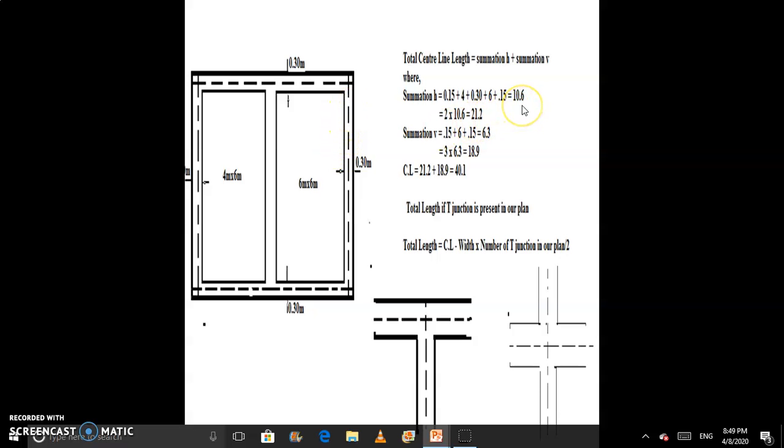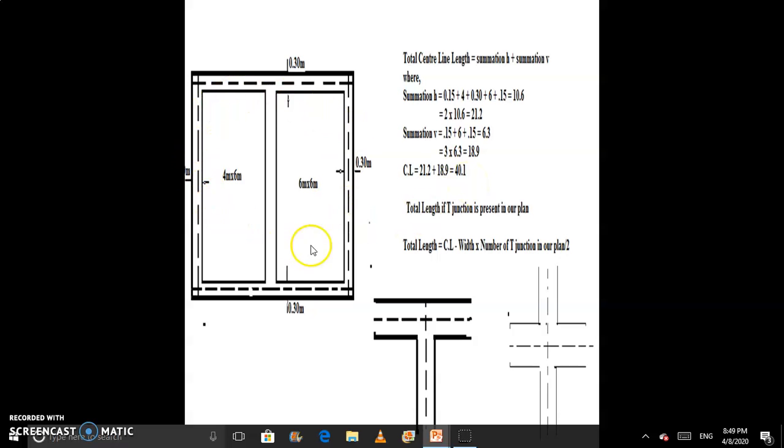So we get 10.6, and here we have two horizontal walls, that's why we multiply with 2. For the vertical wall, same, we take 0.15, this value is 6, and 0.15, we get 6.3, and here we have three vertical walls, 1, 2 and 3, that's why we multiply with 3, and the final center line length we get is 40.1.